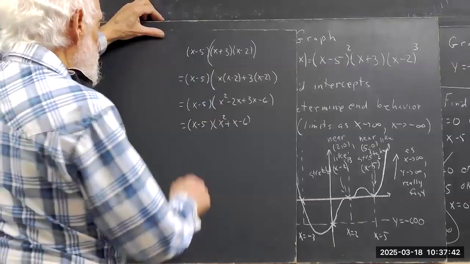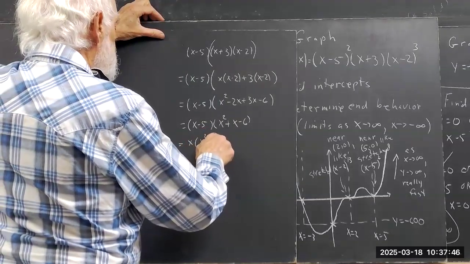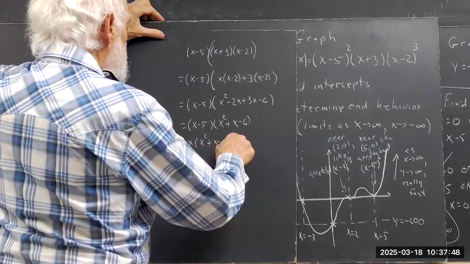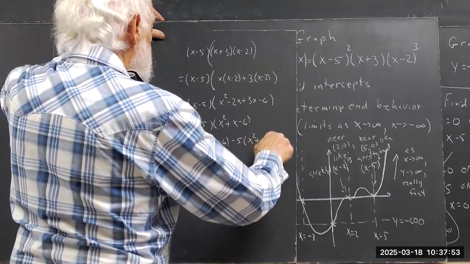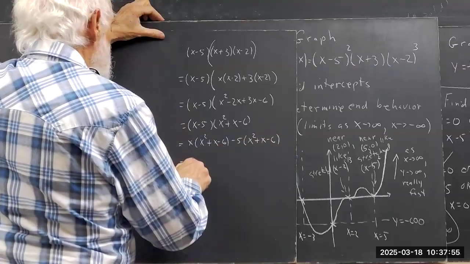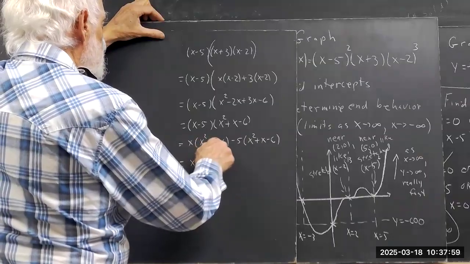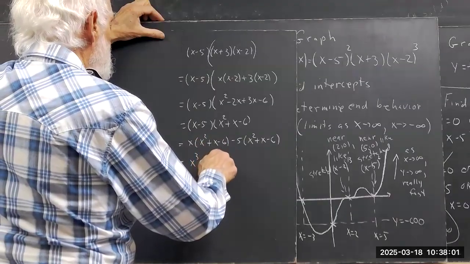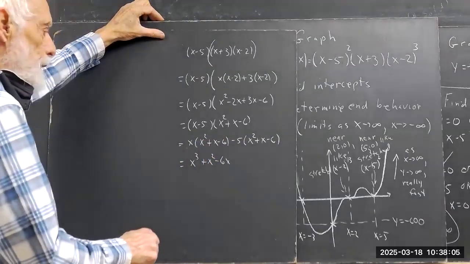Now I got to multiply that up. That's x times x squared plus x minus 6, minus 5 times x squared plus x minus 6. And that equals x times x squared is x cubed. X times x is x squared. X times negative 6 is negative 6x.